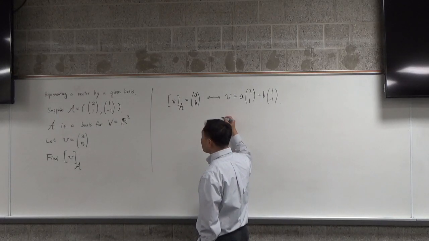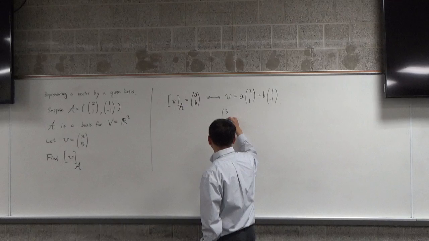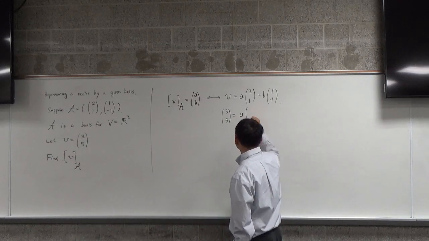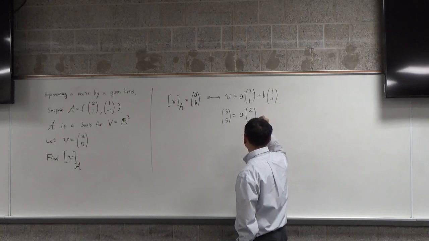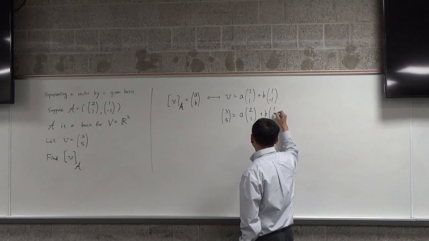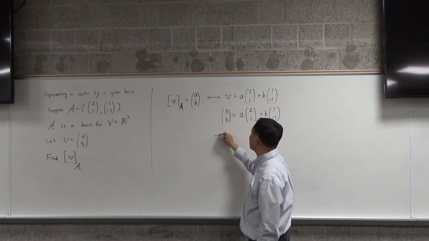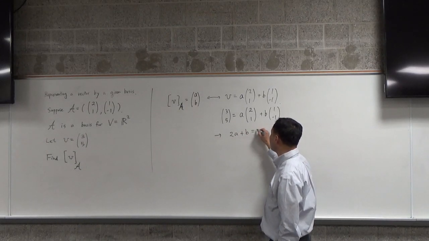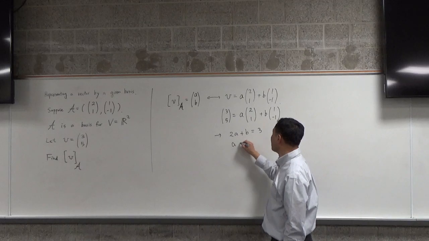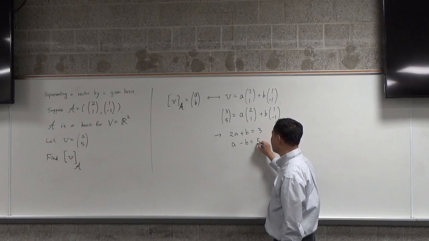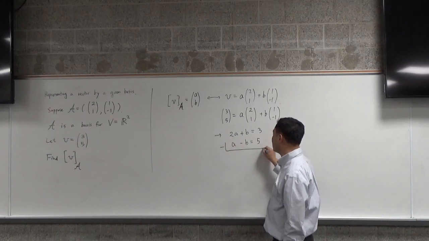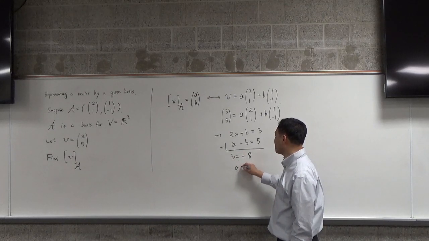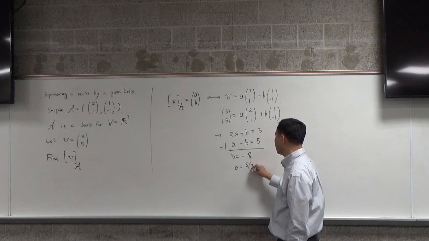Okay, so let's figure out what that is. (3, 5), I'm trying to represent (3, 5) as a linear combination of (2, 1) and (1, -1). So that means 2a plus b must be 3, and a minus b must be 5. Add them up, we get 3a equals 8, so a must be 8 over 3.